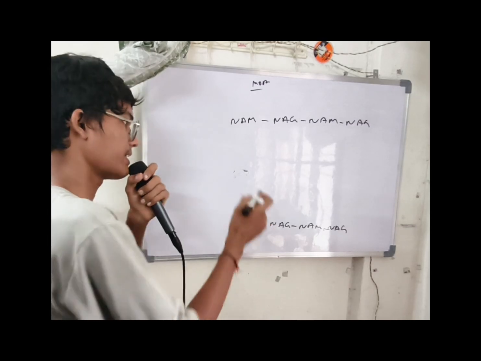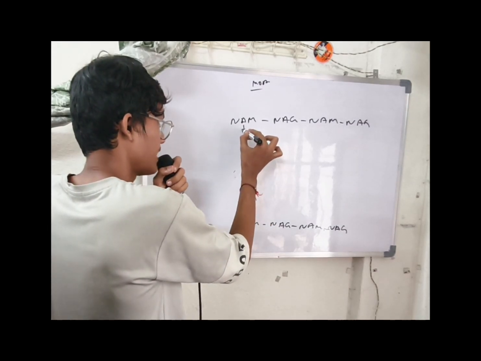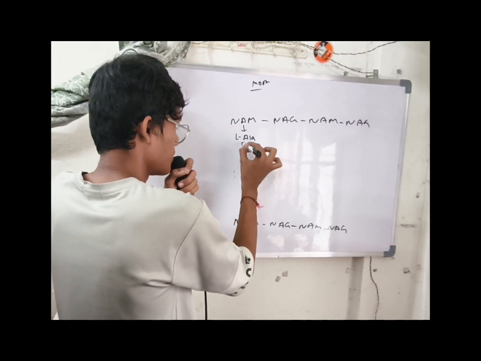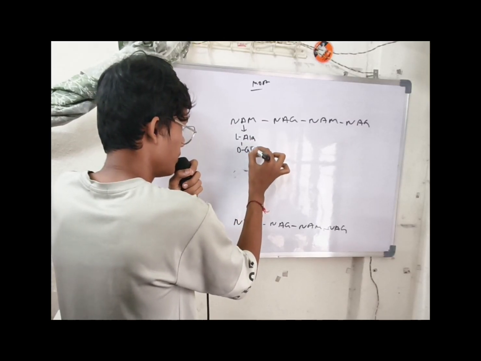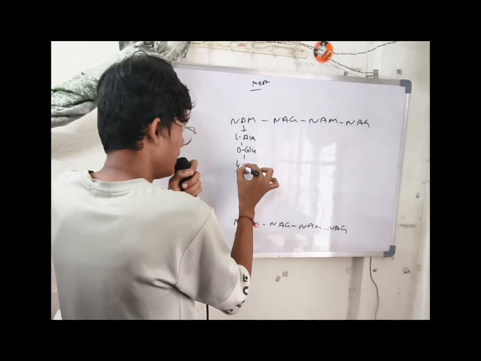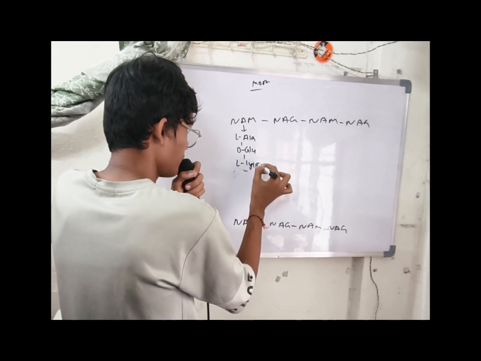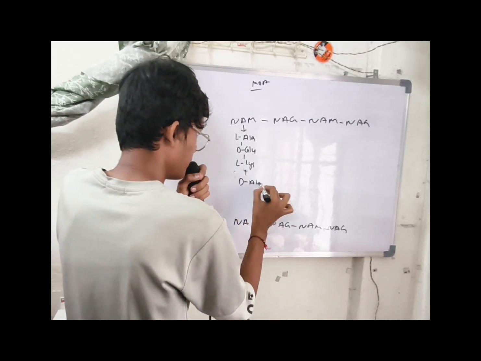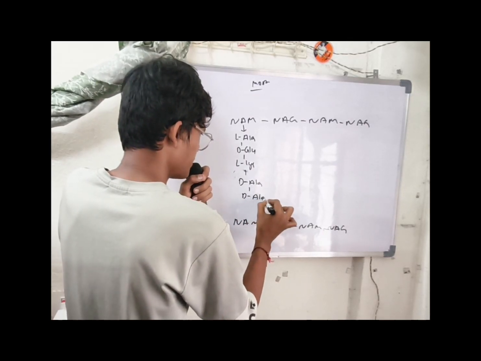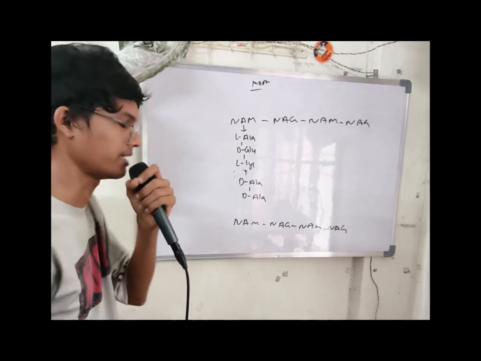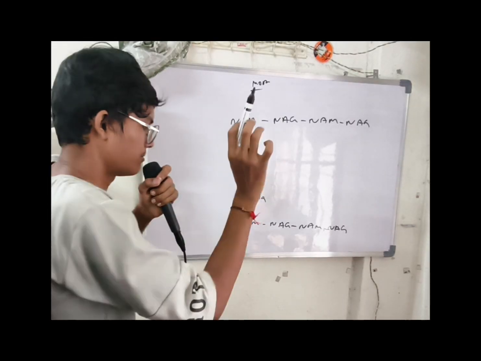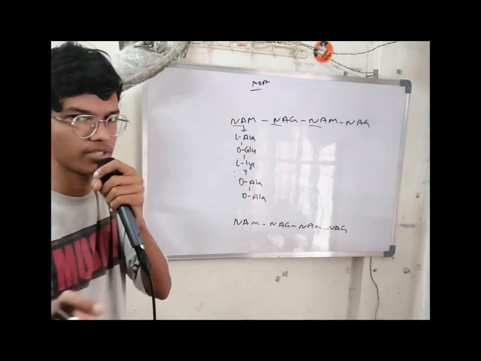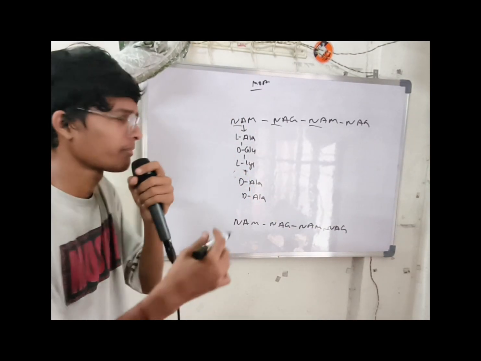How does it form the cross linkages? Yeah. Attached to the NAM there is an L-alanine, D-glutamic acid, L-lysine, and D-alanine sequence. You don't need to remember this sequence, I'm telling it just for concept purposes. So initially we have NAM, NAG chains, two chains which are parallel to each other, and they are not linked.